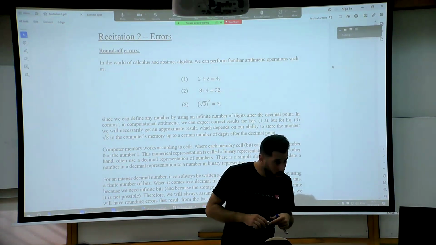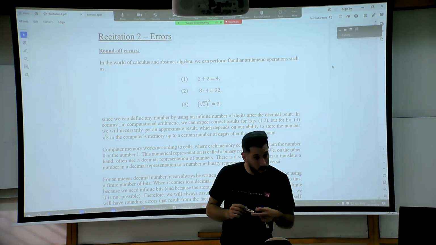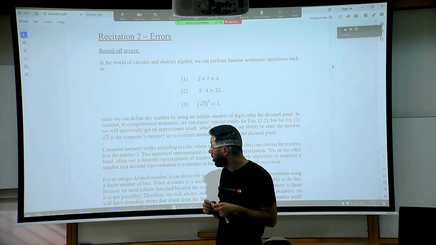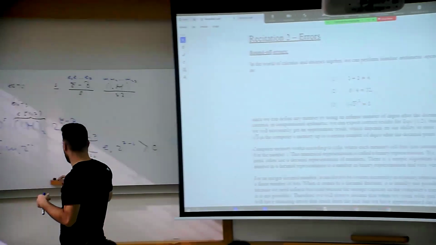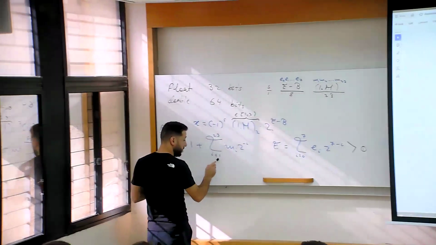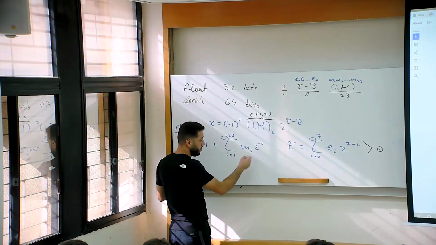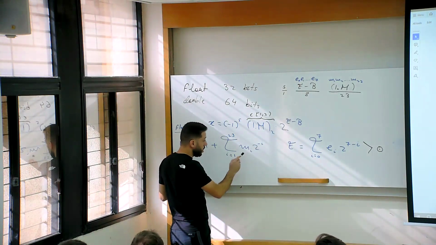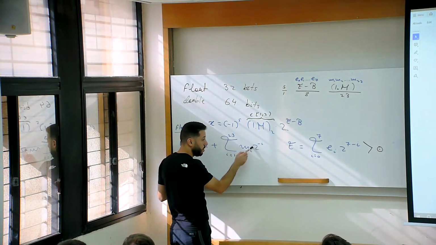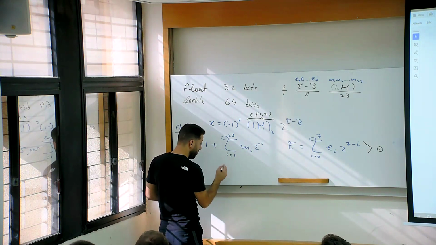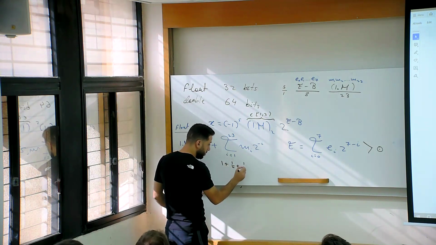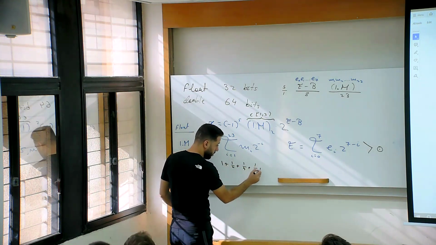Question: Isn't it not bounded by 2, because if every Mi is always 1, then you have 1 plus a half plus and so on?